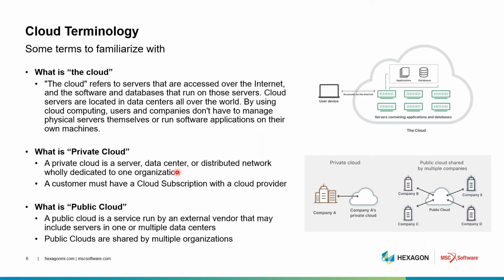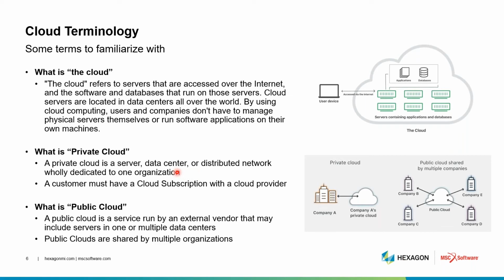First, let's take a step back and go through some of the cloud terminology. Most of you might already know the cloud servers are located in data centers all over the world, and companies access them through the internet. There are two types of clouds, private cloud and public cloud.